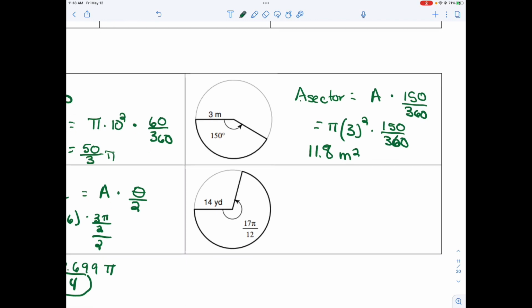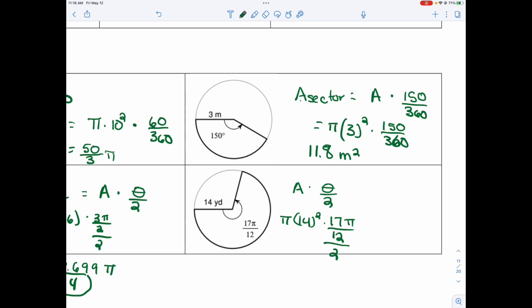And to do the last one, the area of the sector would be the area of the circle times theta over 2. So the area of the circle would be pi, r is 14 squared, times 17 pi over 12 divided by 2.